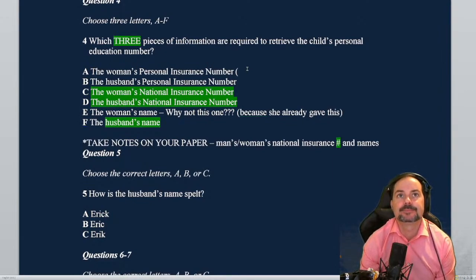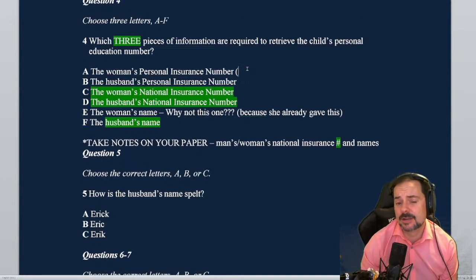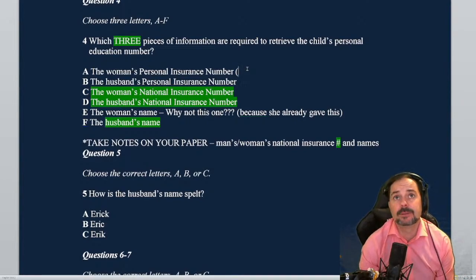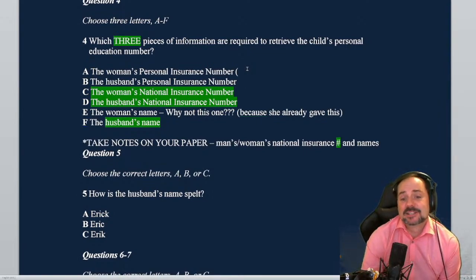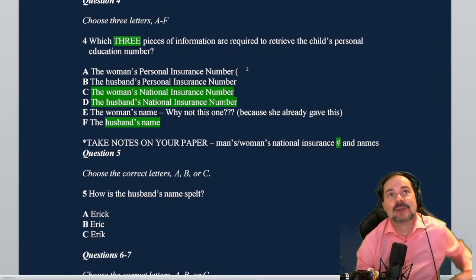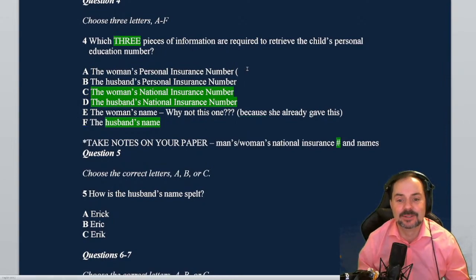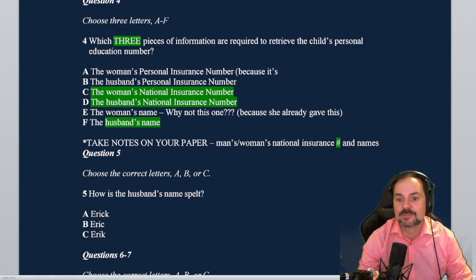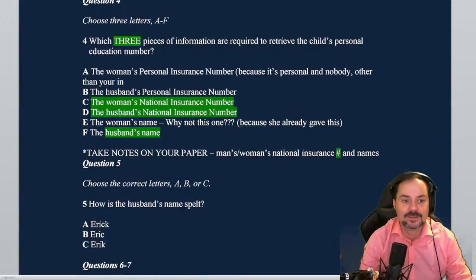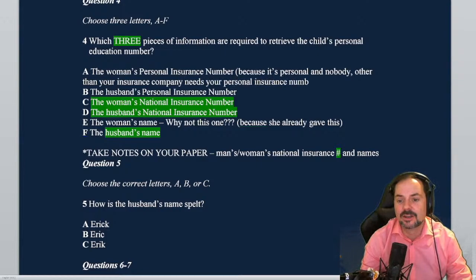Okay. Nivsky, it's not included in the national insurance number. Your personal insurance is different. Yeah, Andre says because it's personal. Yeah, that's probably a good answer, Andre. Absolutely. Because it's personal and nobody other than your insurance company, okay, needs your personal insurance number.